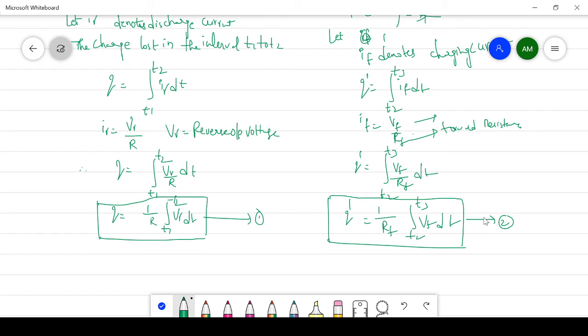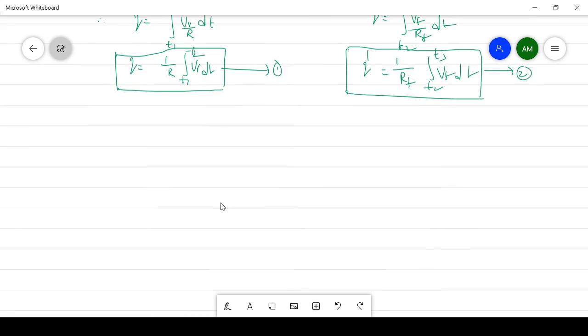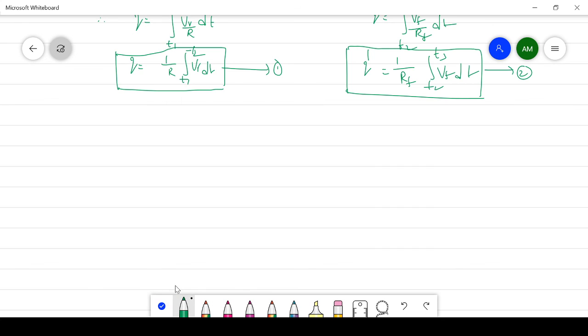At the steady state, charge loss is equal to charge regained, that is Q is equal to Q dash.